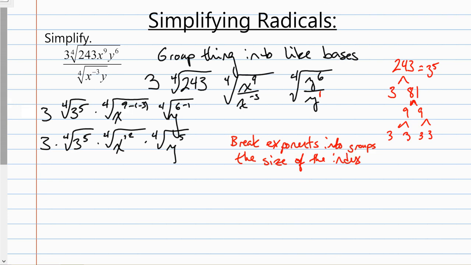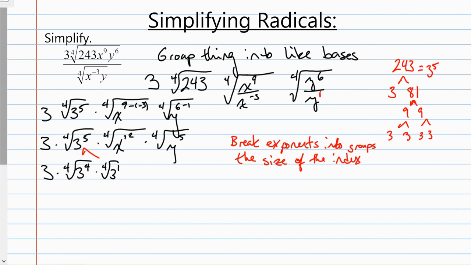So I'm going to write them in their own radical. I'm going to have 3 times the 4th root of 3 to the 4th times the 4th root of 3 to the 1. My 3 to the 5th breaks down into those pieces. I'm going to do the same thought process for my x to the 12th and my y to the 5th.